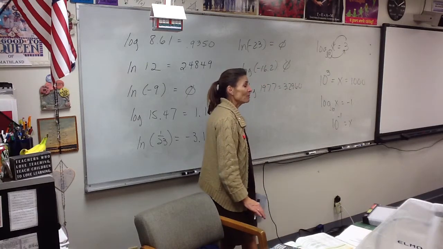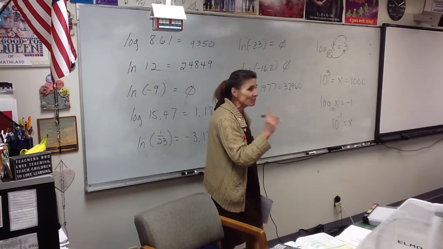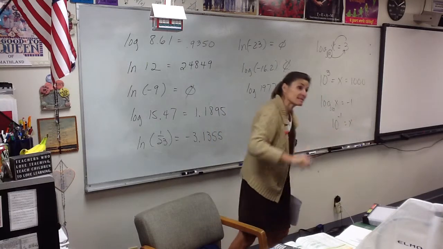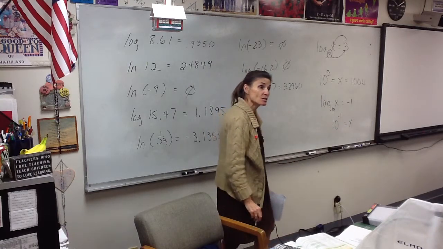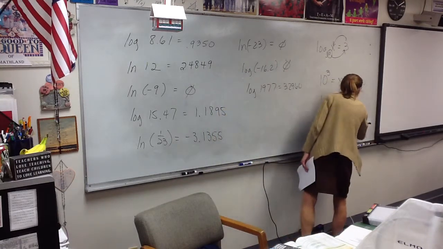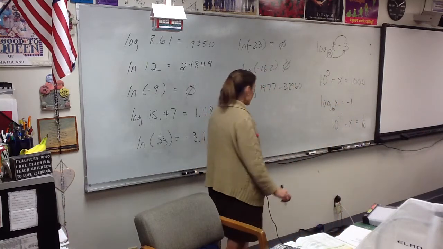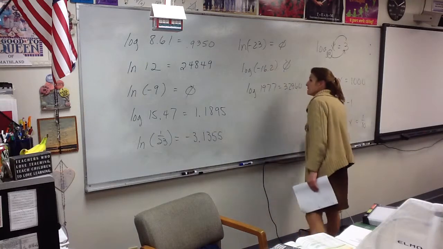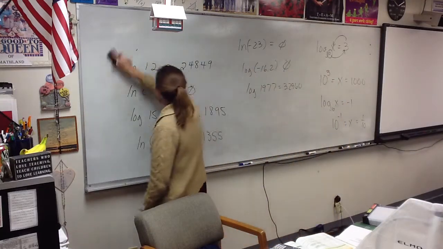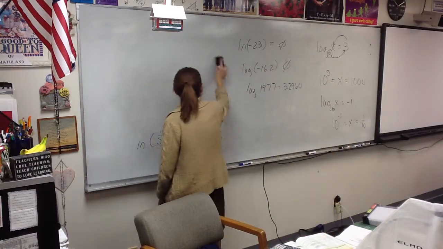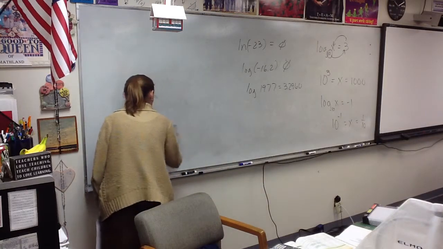Now, stop. What does 10 to the negative first mean? You flip it because the exponent's negative, so it becomes 1/10. Remember, negative exponents mean 1 over. You flip them.